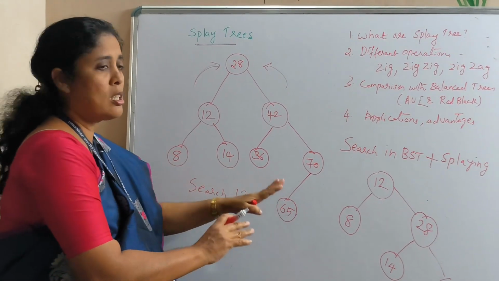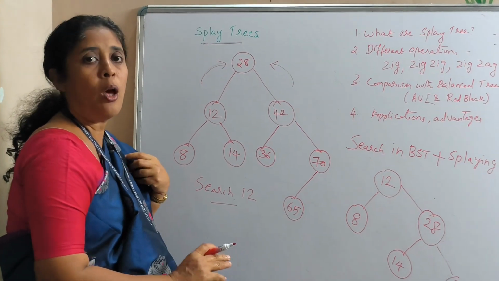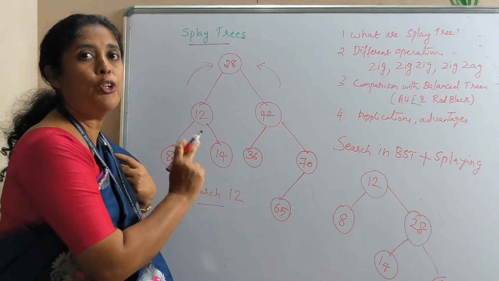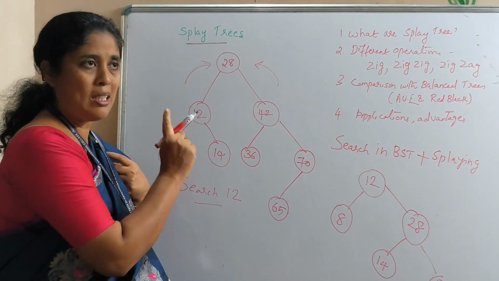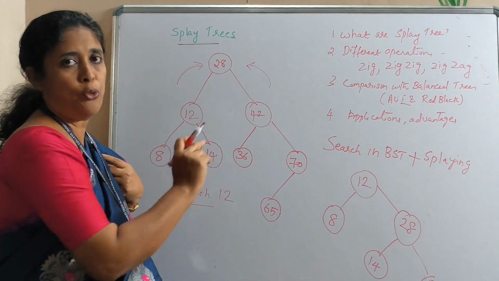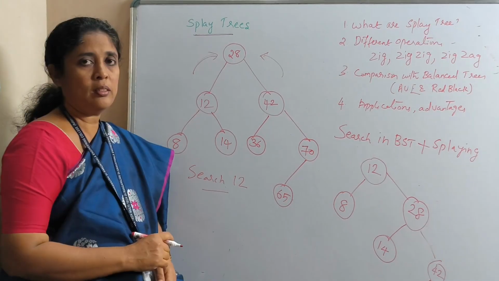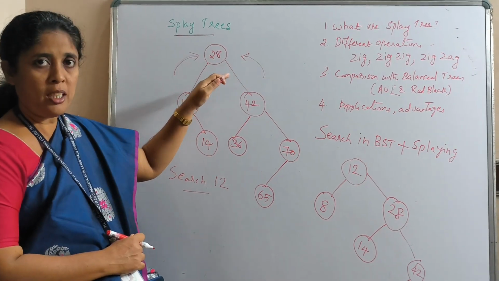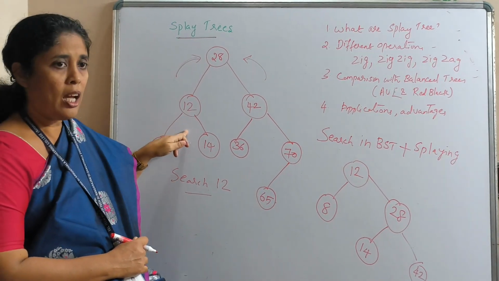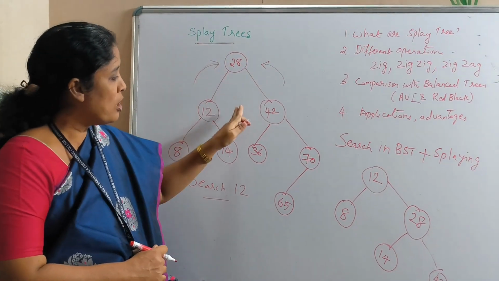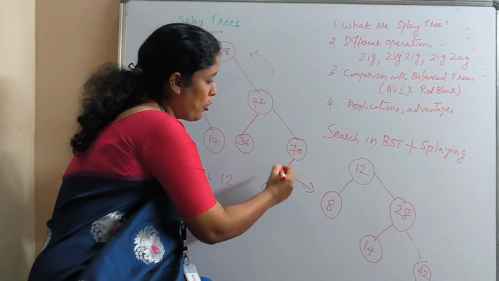This is what you call splaying when the search element is a subnode of the root. It can be either the left subnode or the right subnode of the root. After making one right rotation, we are searching for 12 and bringing that 12 to the root node, so your tree will appear like this after that right rotation.